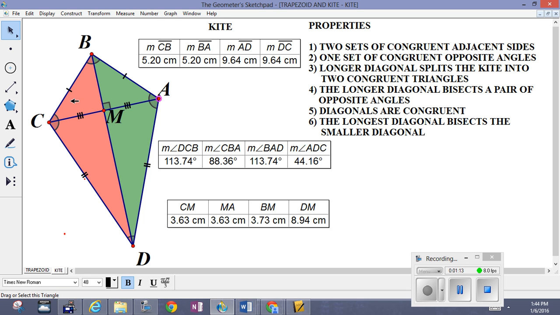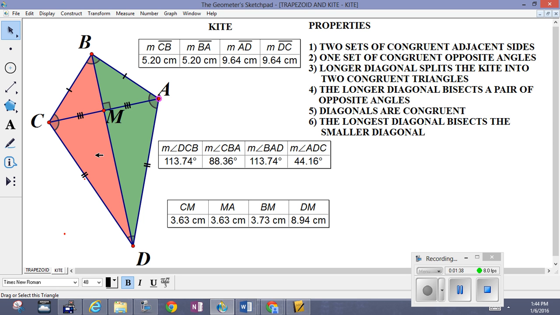If we look at the red and the green triangles, we already know that they have equal sides at CB and AB, as well as AD and DC. And if we drew this single diagonal, we would certainly see that that's the same side. So those triangles, red and green, could be shown congruent by SSS.